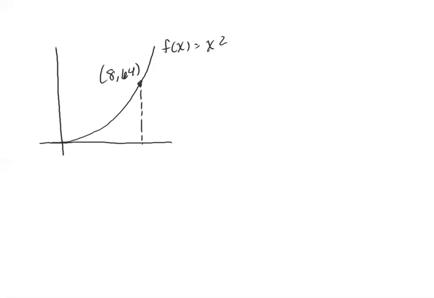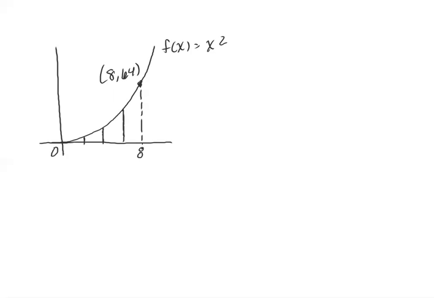So I'm going to divide this up into maybe 4 rectangles, like that. So I'm taking, let's see, this is the x value 8, and I'm taking that distance from 0 to 8. This is the x value 0, and I'm dividing it into 4 parts.